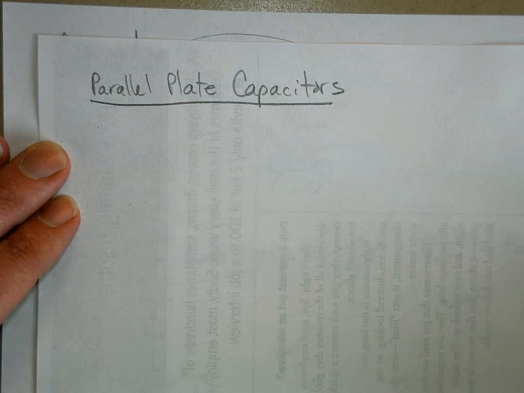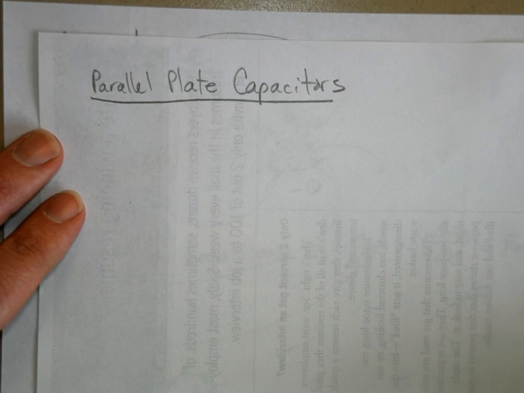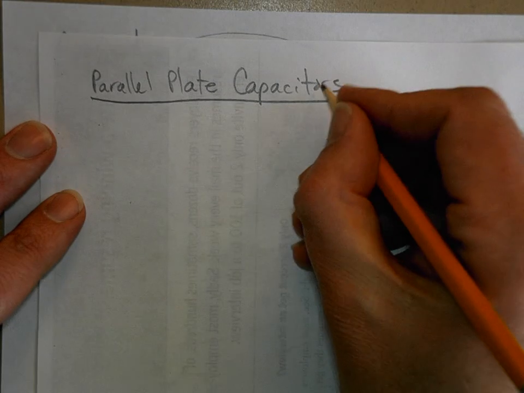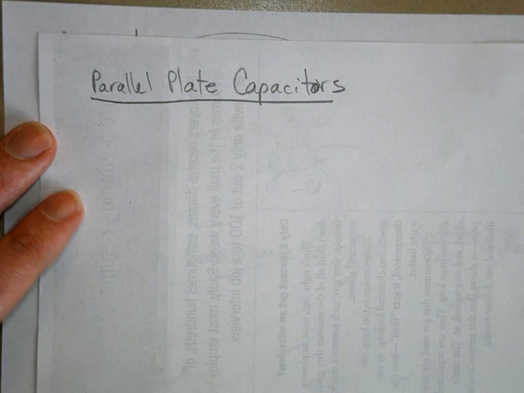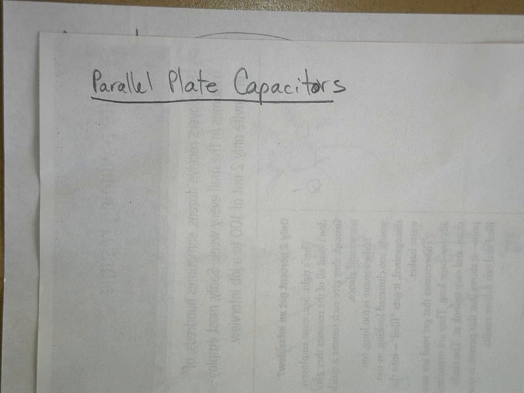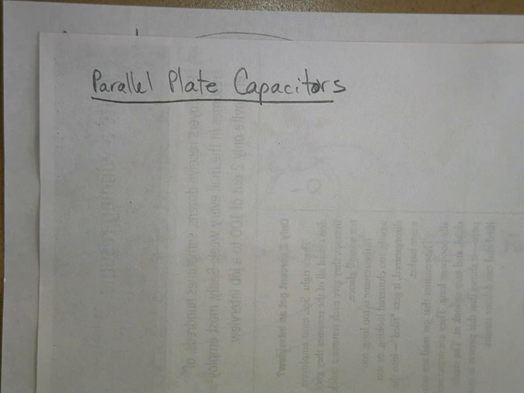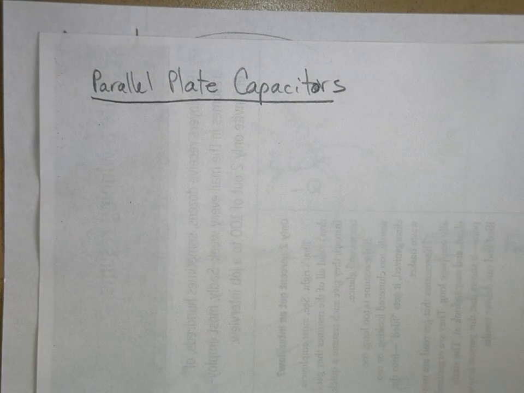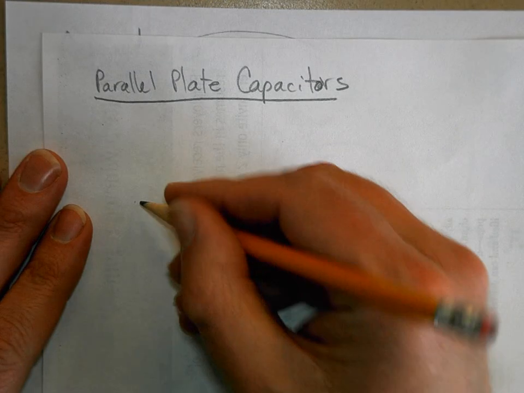In electromagnetism, there are so many things that are named badly. But a parallel plate capacitor is perfectly named because it's just two parallel plates. Imagine I've got two plates of metal.